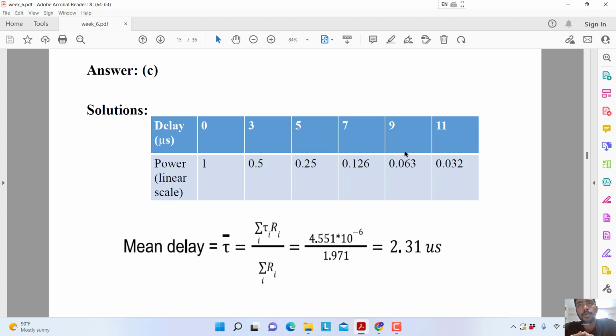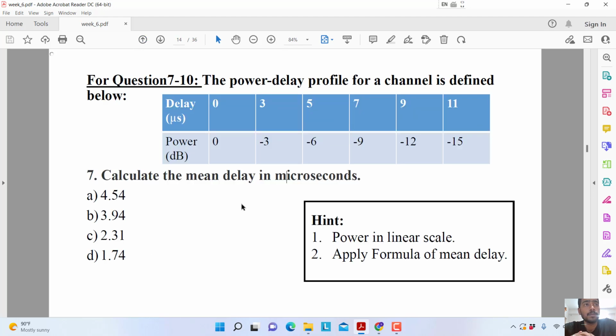Similarly, multiply the next with 0.0063, and last multiply the 11 with 0.032, and do the summation. That will come in the numerator. Similarly for the denominator, just simply add them, and after solving it will come 2.31 microseconds. So option C is right.